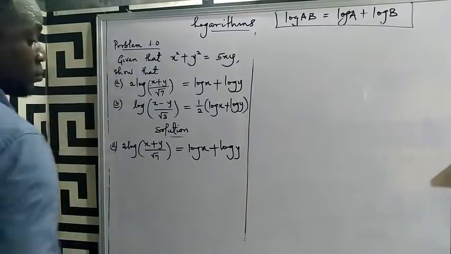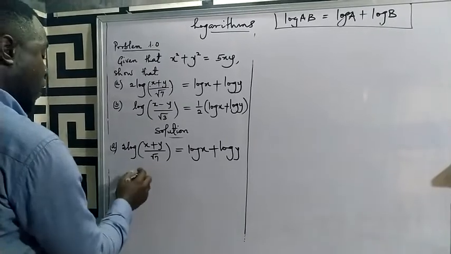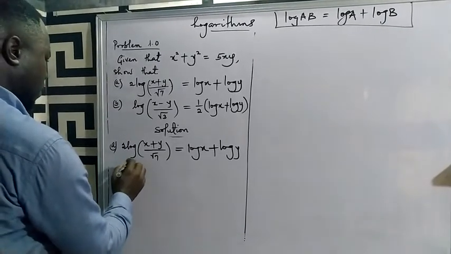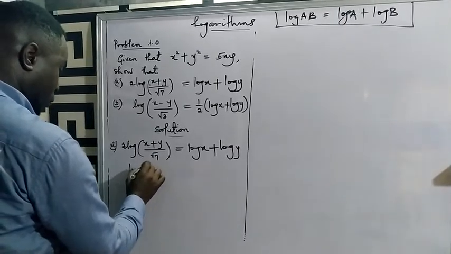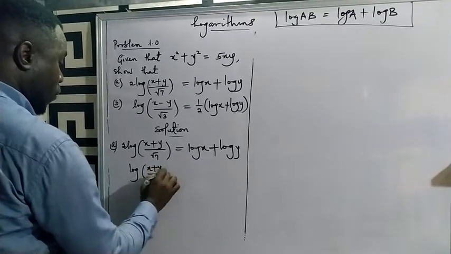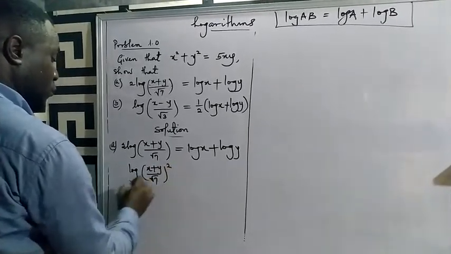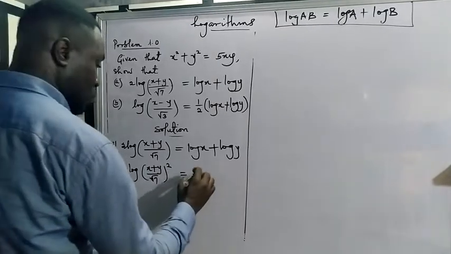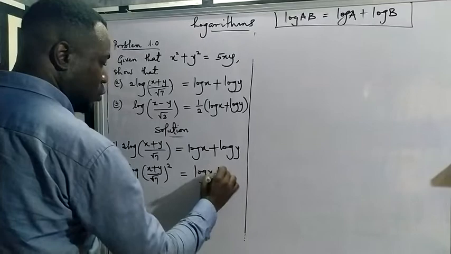So if I do that, what do I have? I have log of (x plus y) over root 7, all squared, equals what? Log x plus log y.